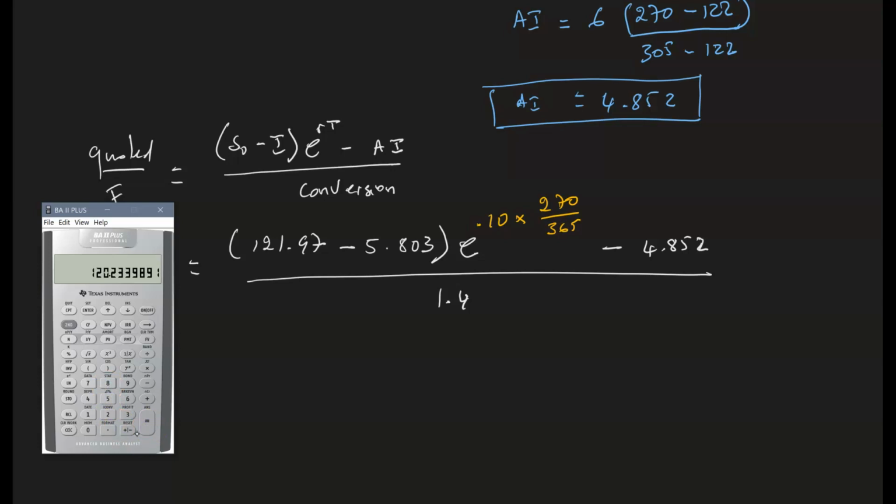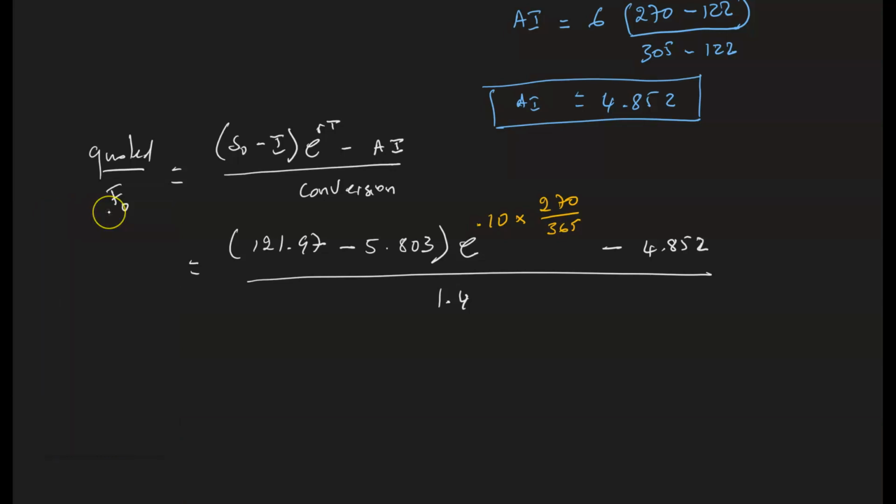That gives me 120.233, and I divide that by my conversion ratio of 1.4, and I'm going to have 85.88. So ultimately my quoted forward price or futures price is going to be 85.88 dollars.